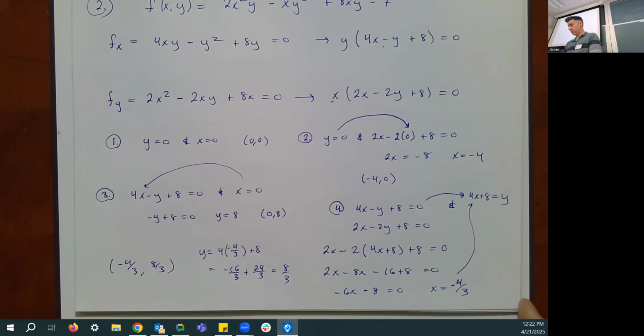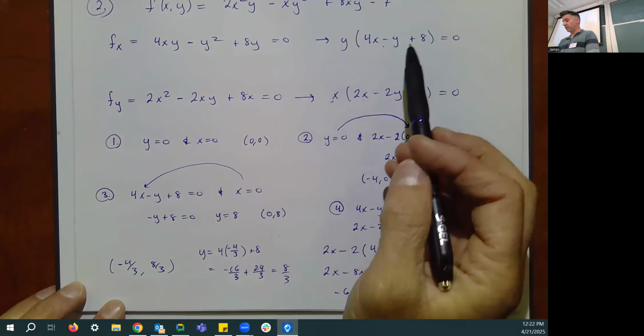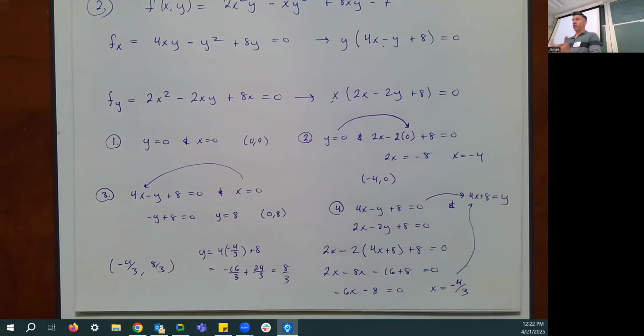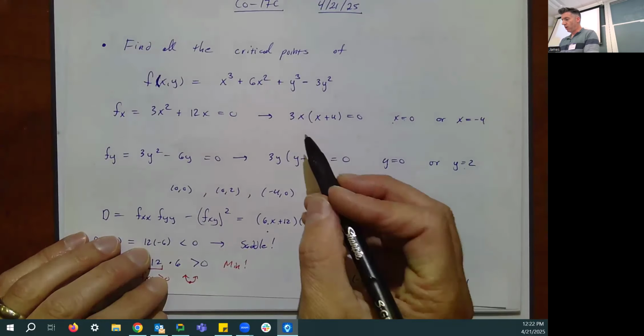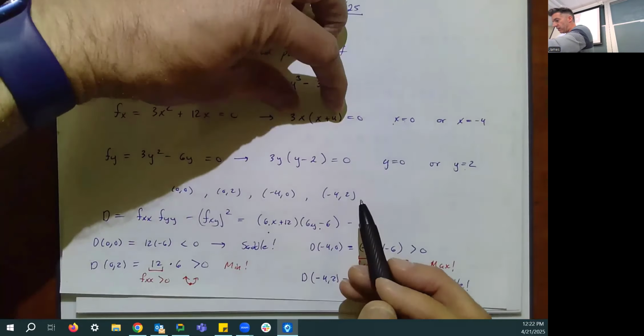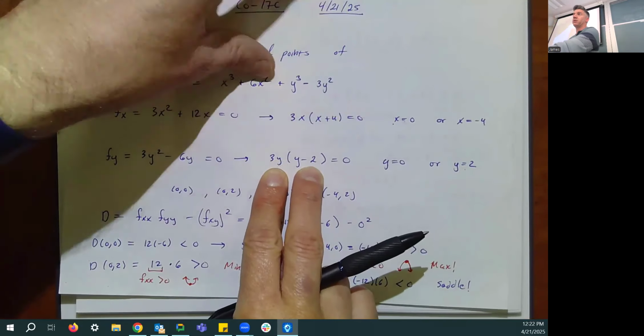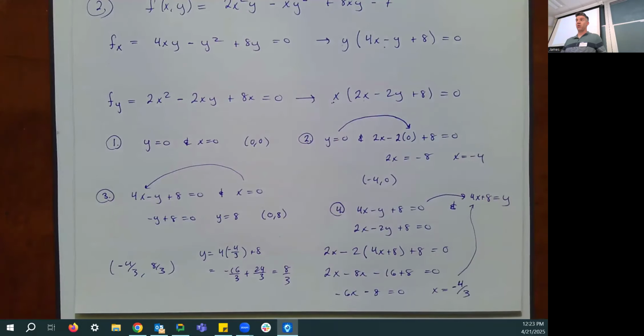Clearly, these ones are a little harder to find, but the idea remains the same. You're taking the factors of the first one and the factors of the second one, and saying that at each critical point, one of those factors has to equal 0. The same thing was done before, right? For each critical point, one of these factors had to be 0, and one of these factors had to be 0. The same thing is true over here. It's just a little bit more work to solve it.